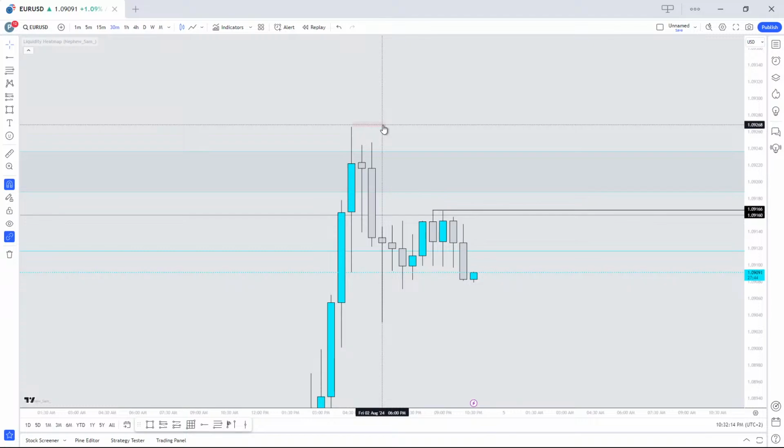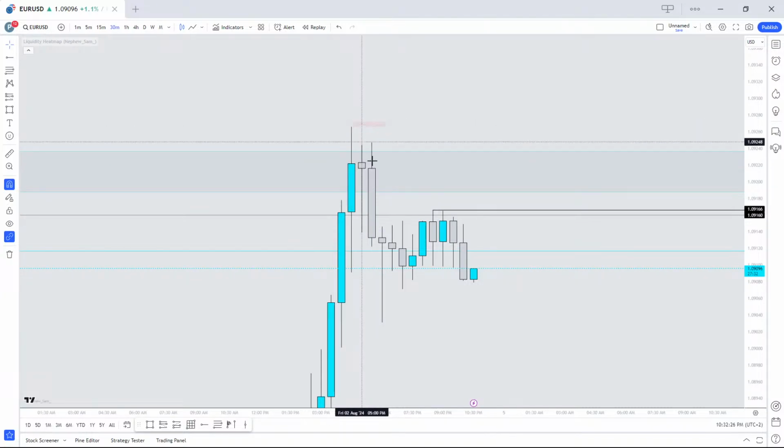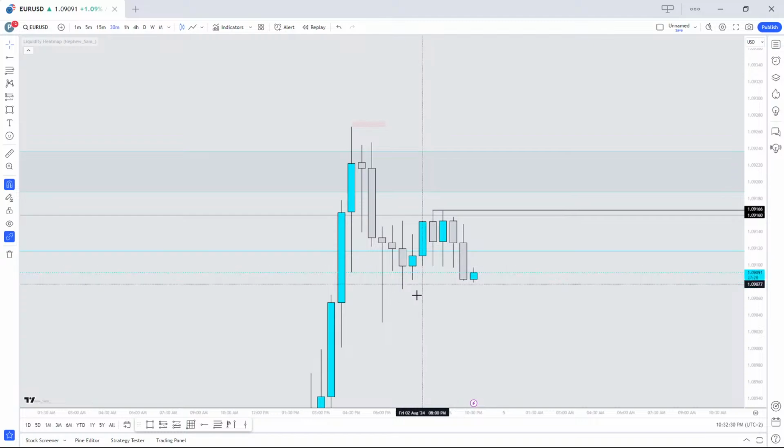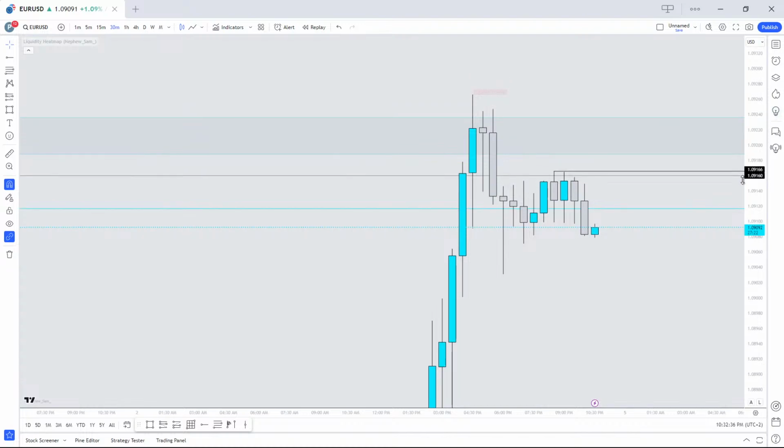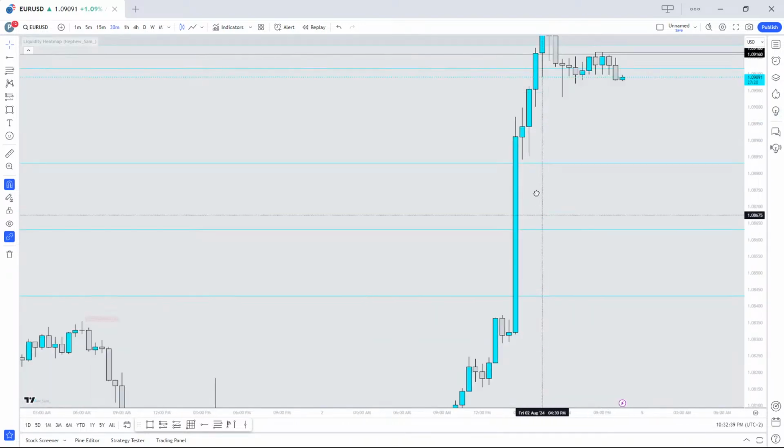Now, how can we identify if this liquidity area is worth waiting for? This is why we have to do backtesting. We have to find similar patterns to this one, I think on the 30 minutes time frame. Yeah, we can do this.